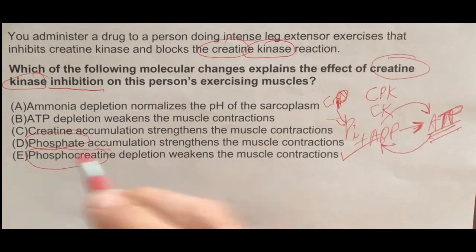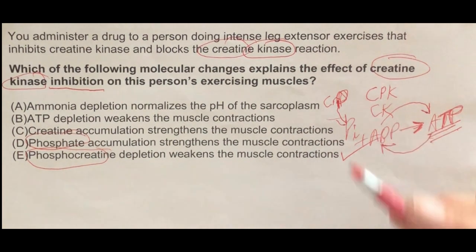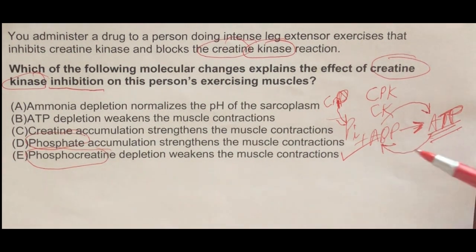Creatine accumulation, C, would cause there to be a lot of creatine phosphate, just like phosphate accumulation. Both of those, C and D, would strengthen the muscle contraction.